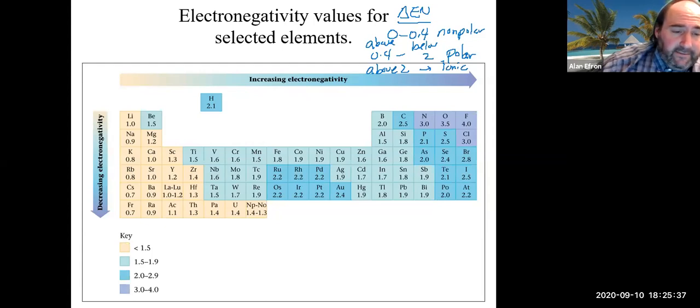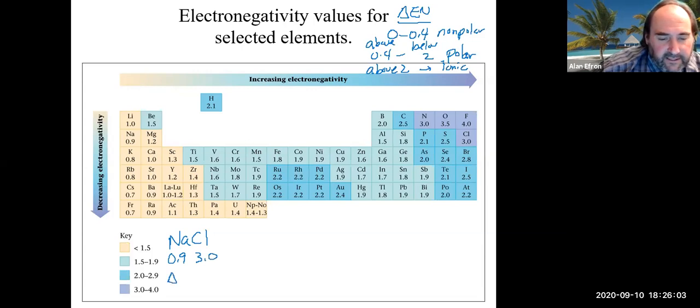So if we look at some of the examples that we saw earlier, if you remember, we had sodium chloride. If I go to the table here, I see that the electronegativity value for sodium is 0.9. And for chlorine, that is 3. So if I take the difference in electronegativity, it is as easy as subtracting. 3 minus 0.9.